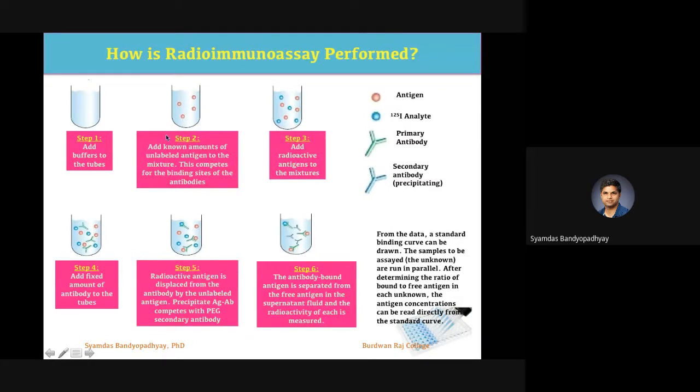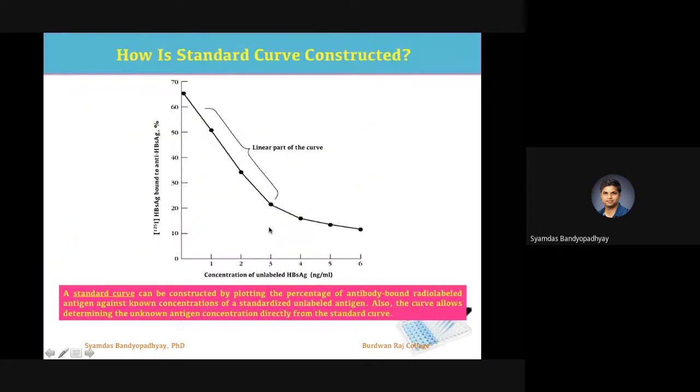So now if you perform this step 2 with several known concentrations, and then finally get the value of the radioactivity at this step and plot these several values in a curve like this, then perhaps you'll get this kind of curve, right?